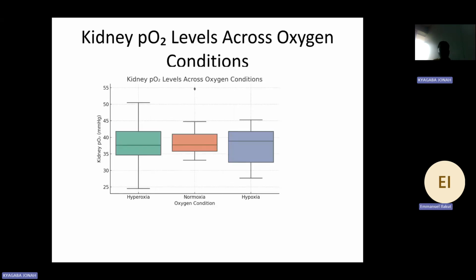We noticed that one condition increases the kidney PO2 levels, while the other one reduces it.